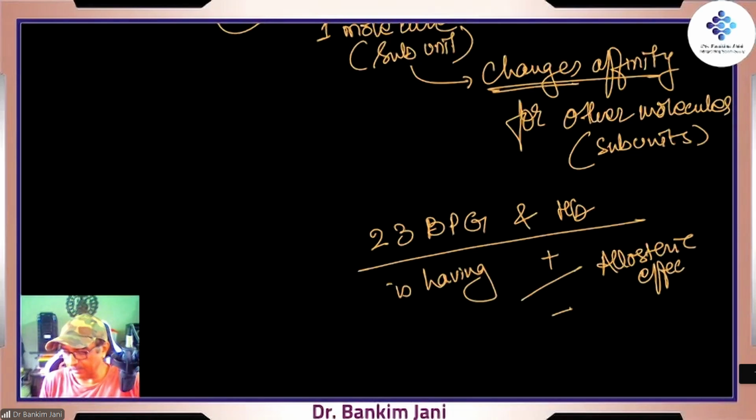Your answer is positive or negative. I'm not speaking, give one answer to the question. 2,3-BPG and hemoglobin. Do they have a positive allosteric effect or negative allosteric effect?